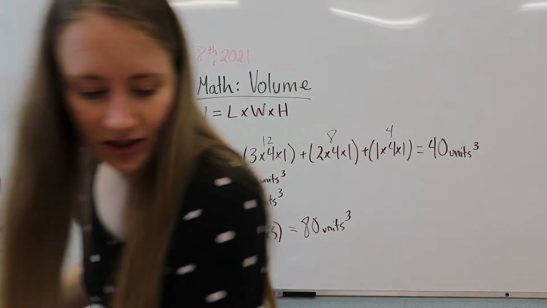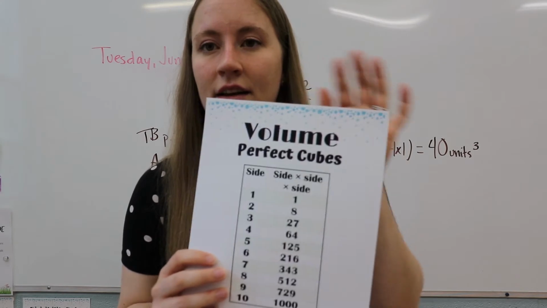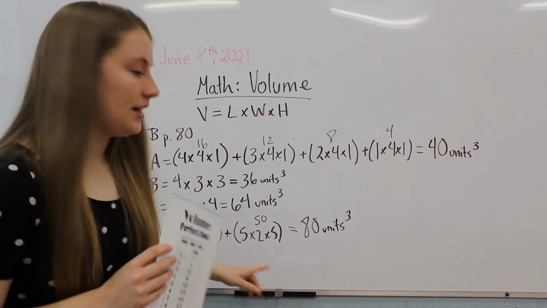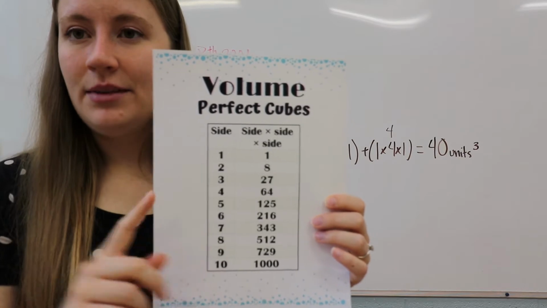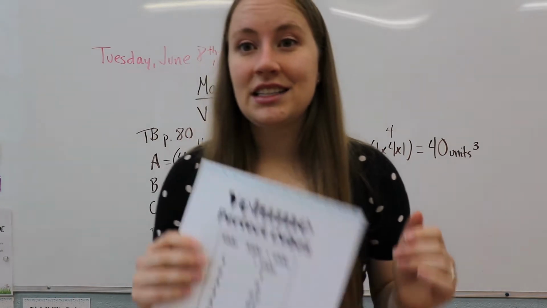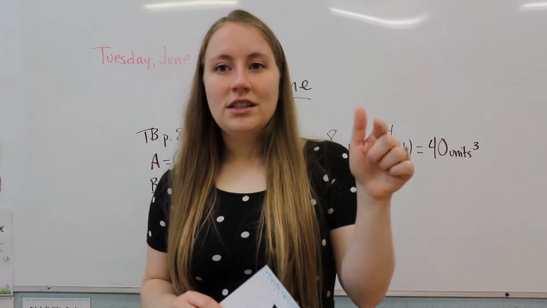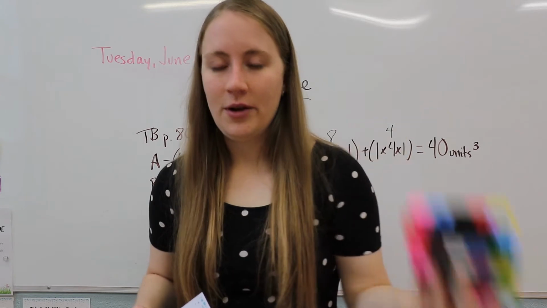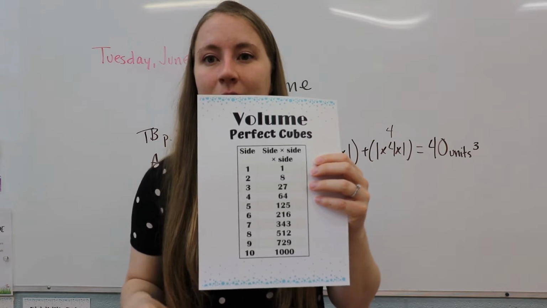And I want to draw your attention to this. So I've given you this as part of your anchor charts, and these are perfect cubes. So like I mentioned with C, 4 times 4 times 4, when all of the sides are the same, so when it's like length and width and height are all the same value, that means that it's a perfect cube. So pay careful attention in your workbook whether you're being told that it's a cube or a cuboid. Because a cuboid is like this, it's just a box shape. But a cube has all the sides being the same value, okay?